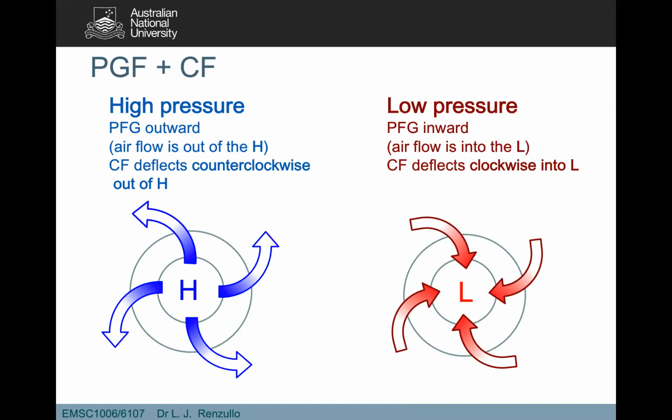Into a low pressure system, where we would otherwise have had the air just going straight down into the low pressure cell, we have the deflection as a result of Coriolis, but it is clockwise into a low pressure system. So counterclockwise out of a high, clockwise into a low.